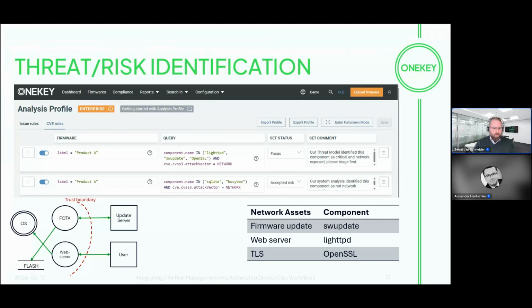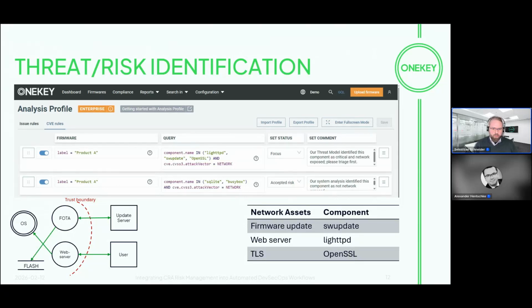So when we have a product labeled with product A, and in one of the components, Lighty, SW Update, or OpenSSL, there is a vulnerability with the attack vector network, we want this vulnerability to be highlighted with a focus rule, and we can also add a comment that our threat model identified these components as critical and network exposed.